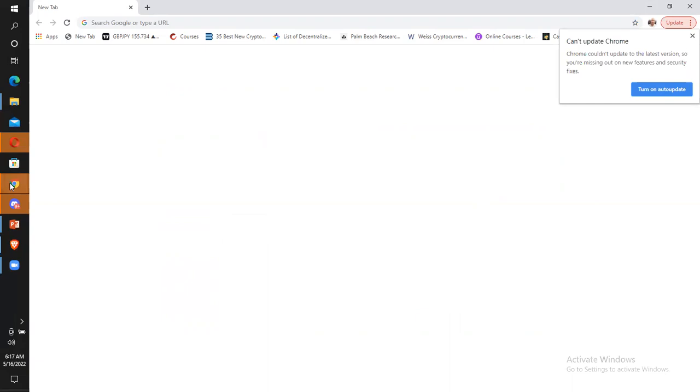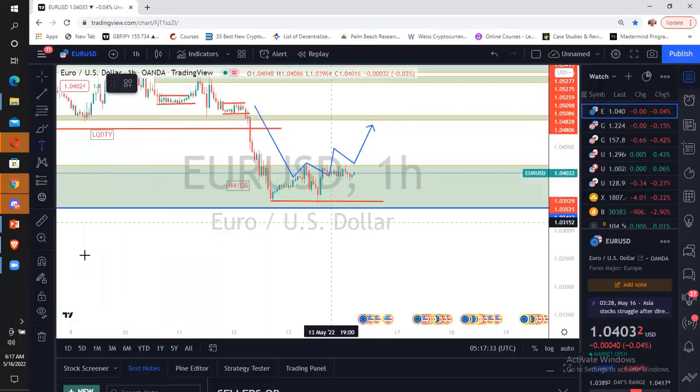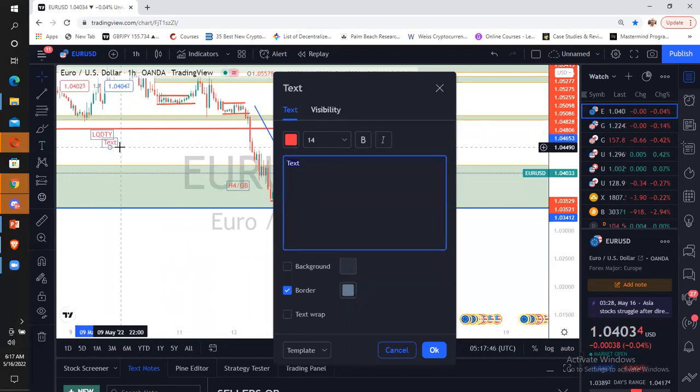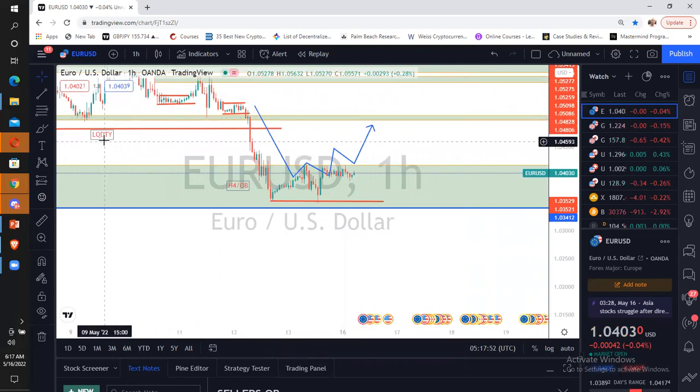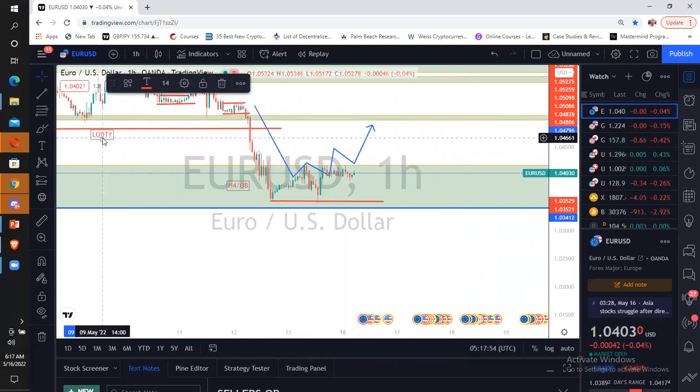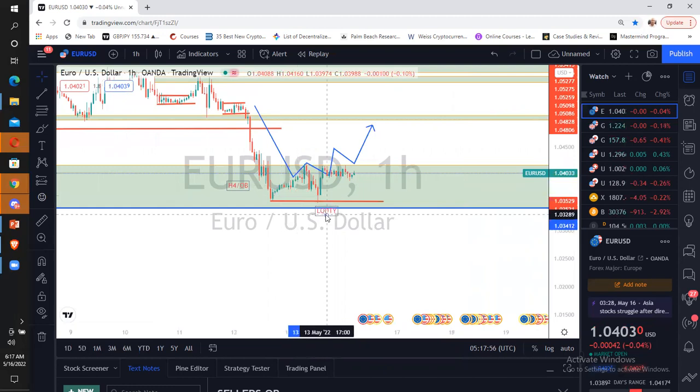What is happening? This is liquidity. Now above here is also liquidity.